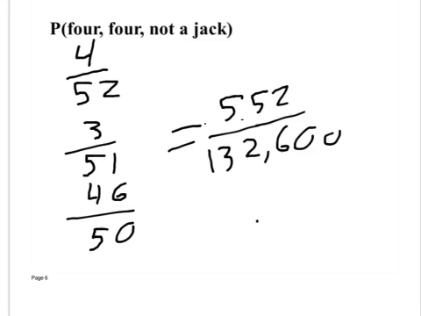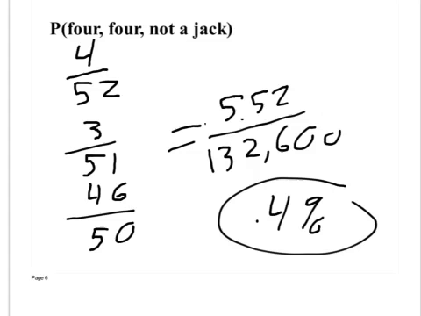You work that out. It's a 0.4% chance. So you don't even have a 1% chance of making this happen. It isn't 4%, it's 0.4. Okay. Any questions on how to do that?